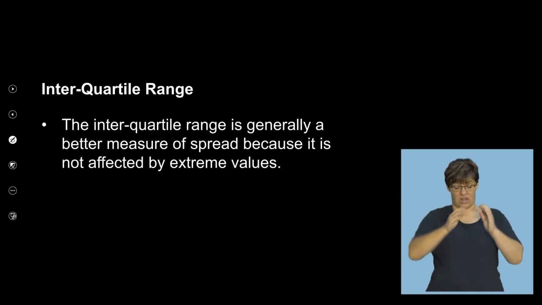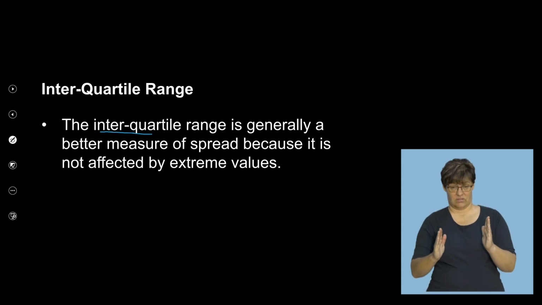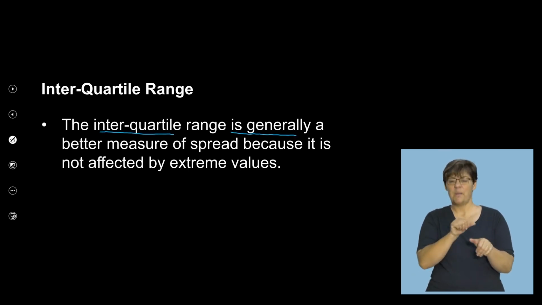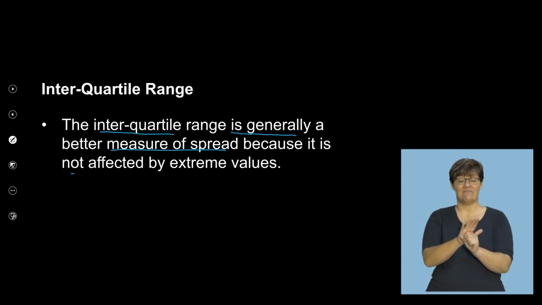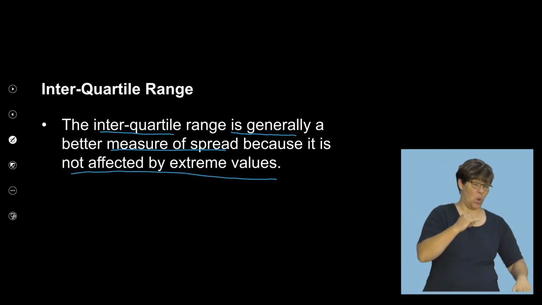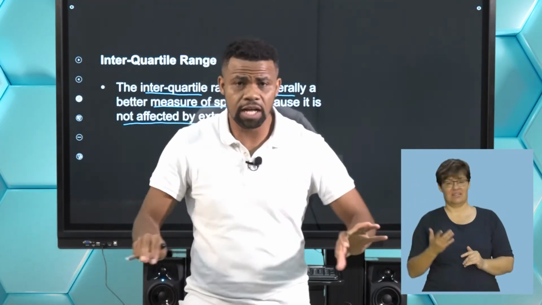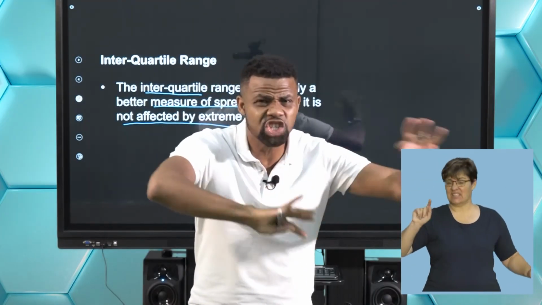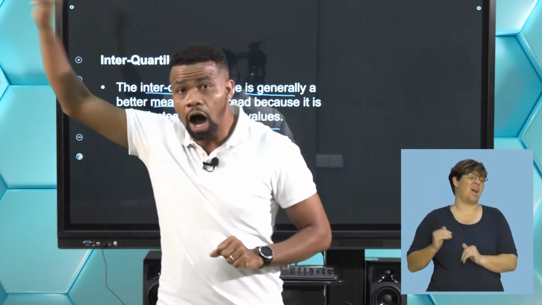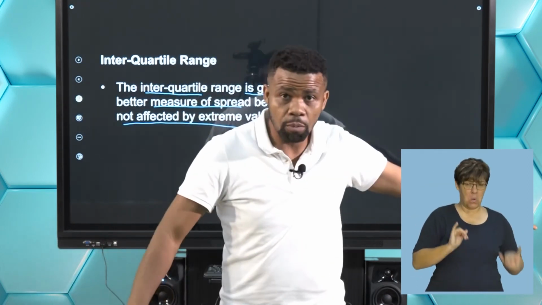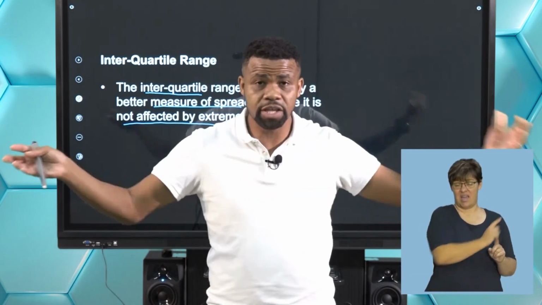The interquartile range is generally a better measure of spread because it is not affected by the extremes. Think about this. What are the extremes? You can have someone who gets a high mark in class or someone who gets a low mark in the data set. Those are the extremes.